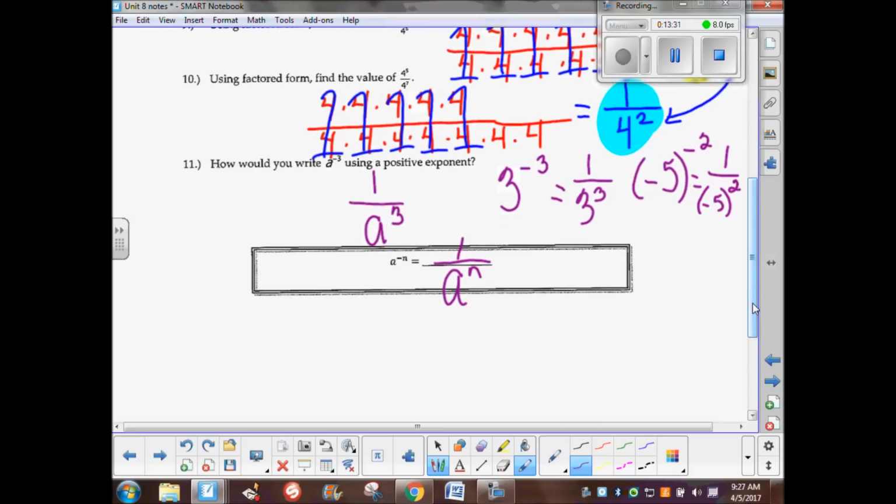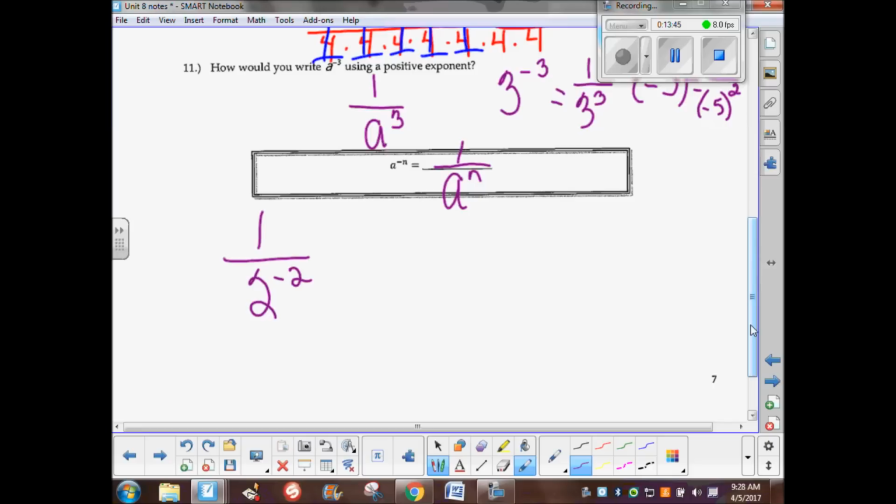Ready? What if I had 1 over 2 to the negative 2? Who thinks they know that? Jake, what do you think? 2 to the positive 2 over 1.